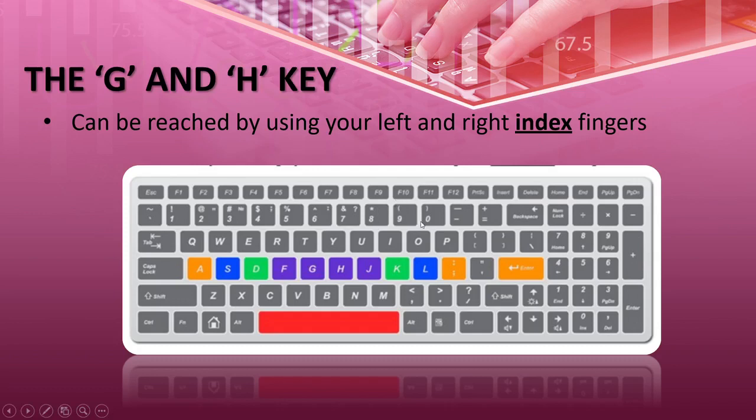G is closest to F, so we use the left hand index finger, and H is close to J, so we use our right hand index finger to press the H. Are you understanding these keys? The index finger of both hands is used to press the G and H keys.